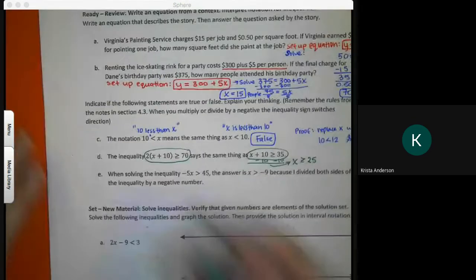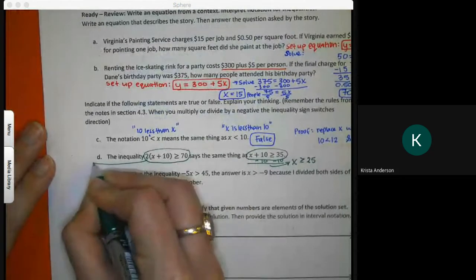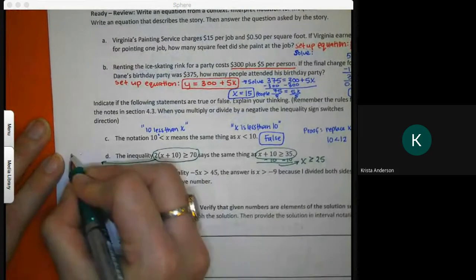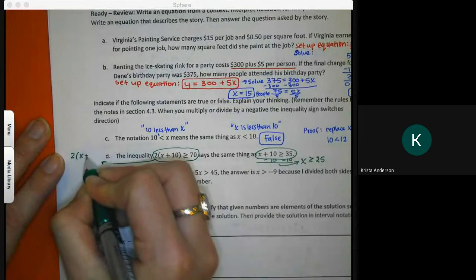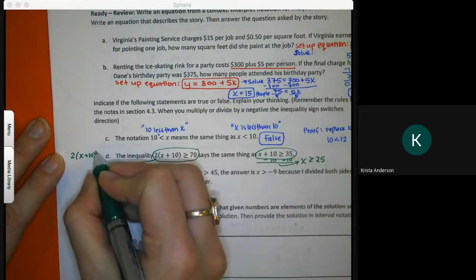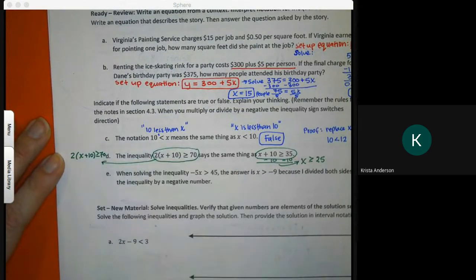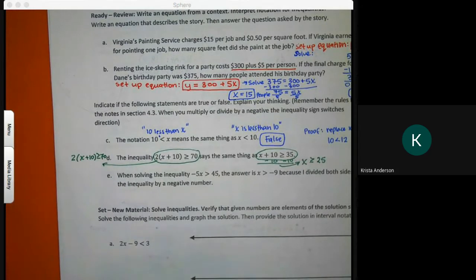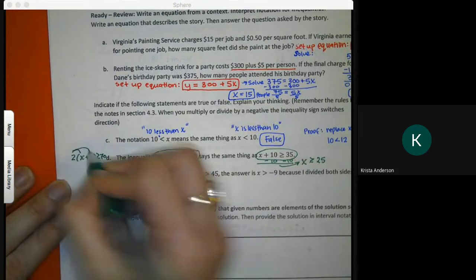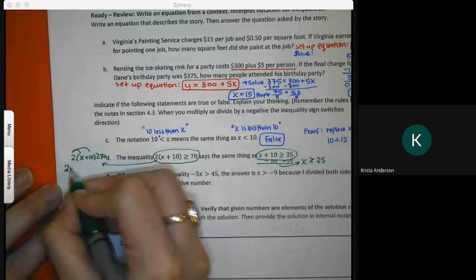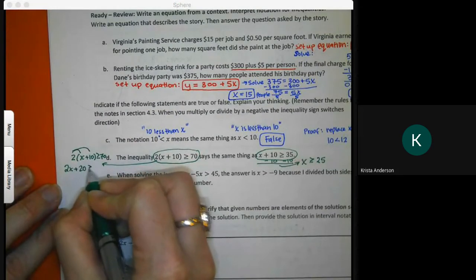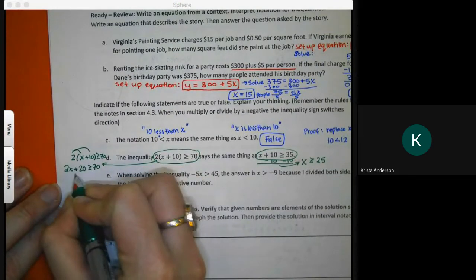All right. If I do this one off to the side, that means I would have to distribute. Then I would minus the 20.